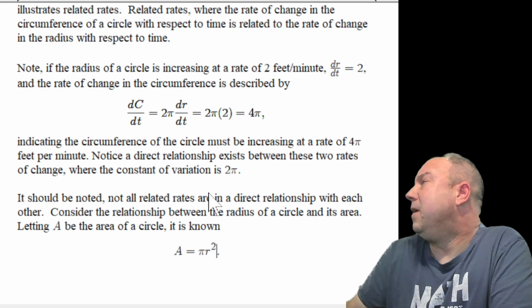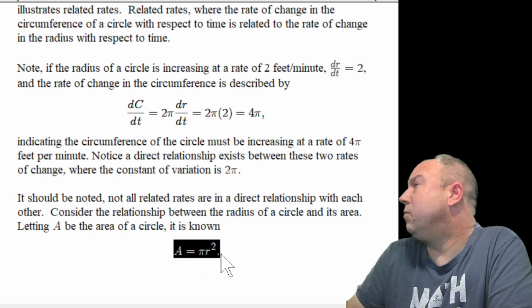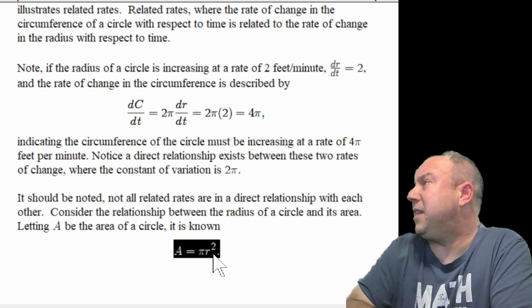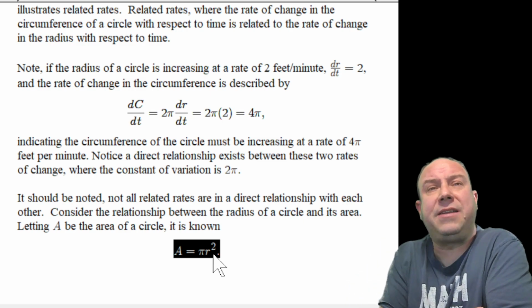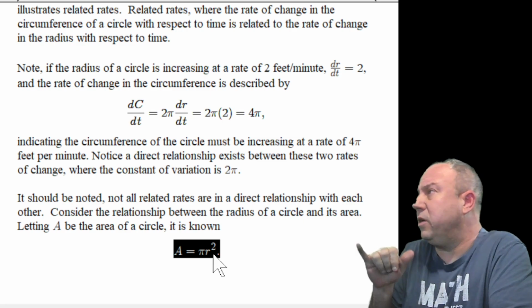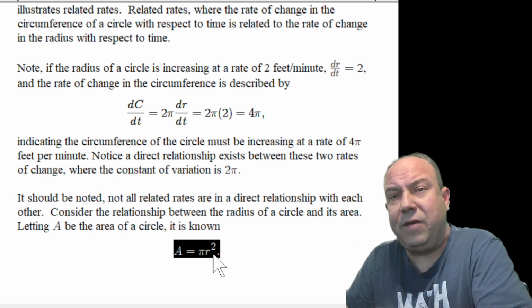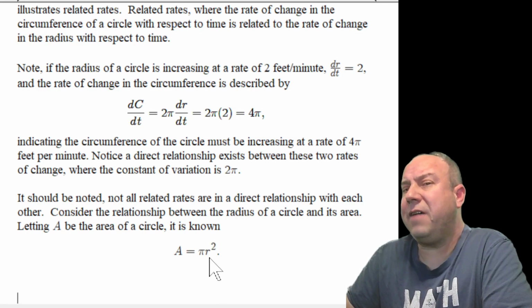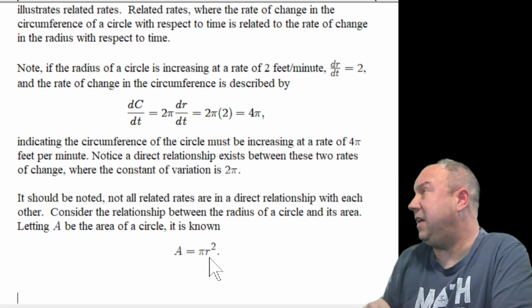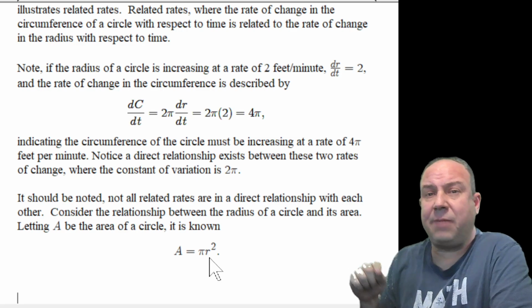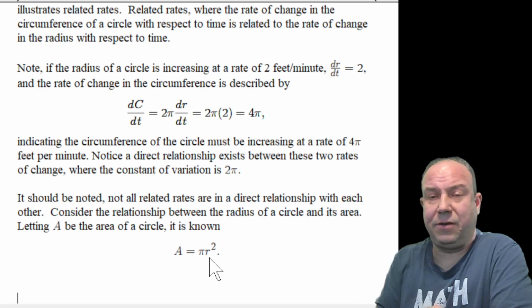We know it also depends upon our radius, such that the area of a circle is equal to pi times our radius squared. This is a relationship that exists between the area of a circle and its radius. If I have a circle of radius 20 feet, the area would be 20 squared times pi feet squared.